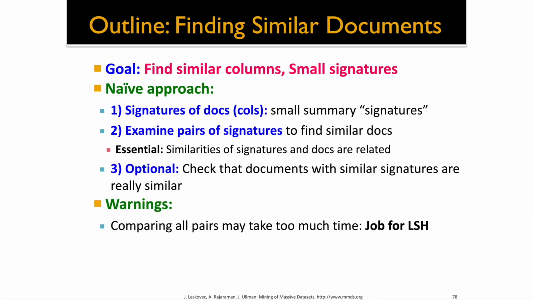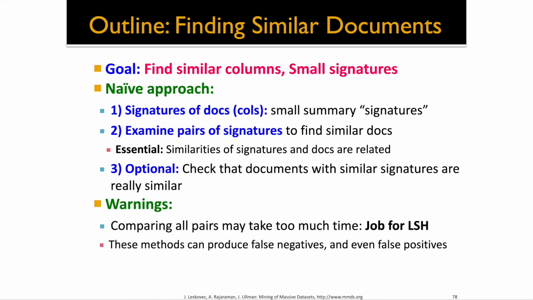Some things to keep in mind. First off, comparing all pairs is problematic for all the reasons that we mentioned, with the distance matrix being dense and too large. And as I mentioned with the noise aspect, because we're dealing with these compressed smaller signatures, we've introduced opportunity to have false negatives and false positives. A false negative here is that two documents are similar, but we're not actually seeing them as similar.